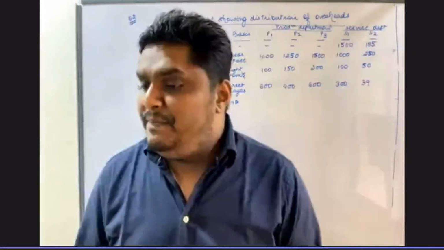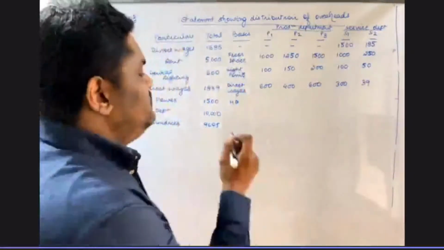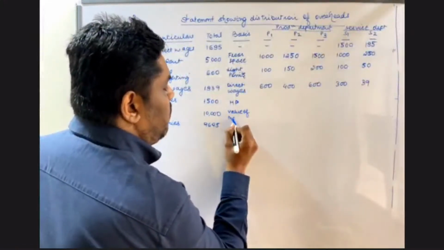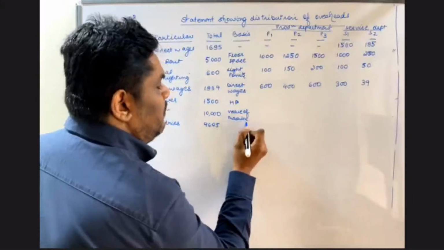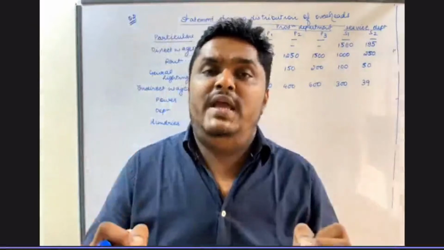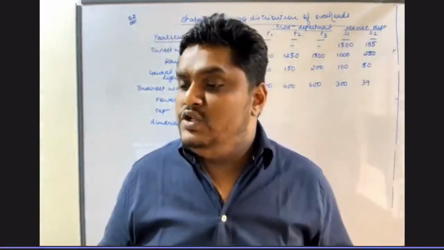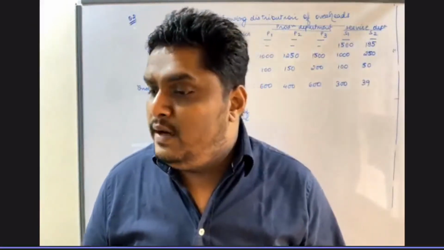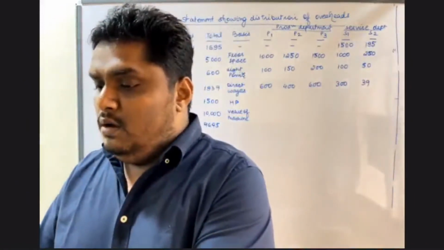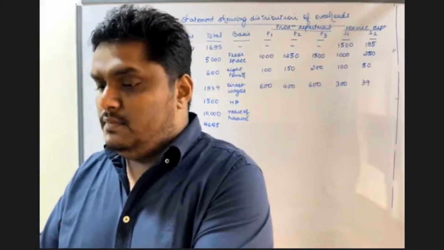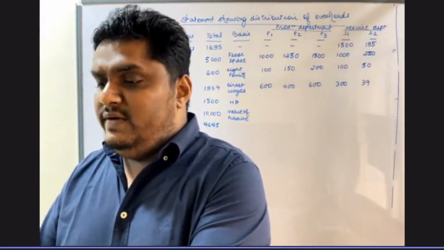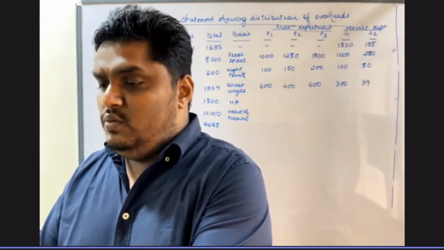When talking about depreciation, it will be distributed on the basis of value of machine. And when talking about sundries, as I told you guys, if nothing makes sense, then it is better to distribute in the ratio of labor hours. So herein the labor hours are given. Labor hours or direct wages, the priority is to be given to.